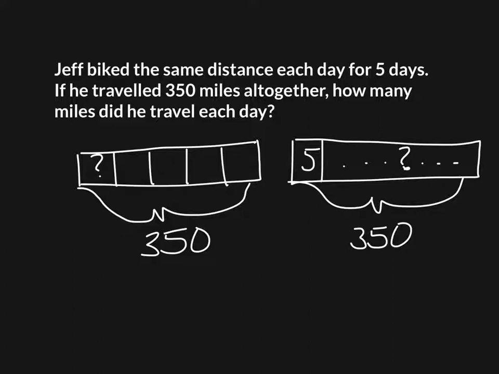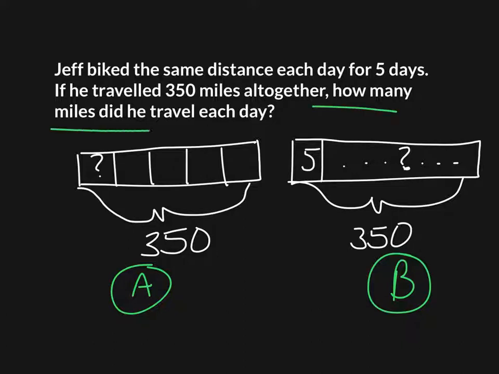I'm going to label this one A and this one B, and you tell me which tape diagram correctly models the story problem that we are trying to solve. A or B? And finally, I want you to do the calculation to solve the problem and answer the question. How many miles did he travel each day?